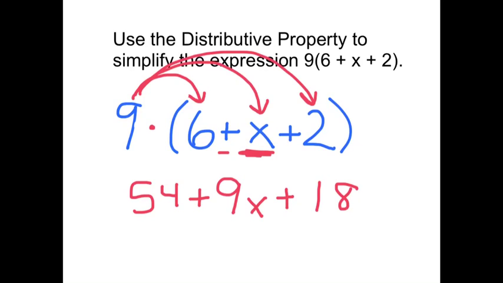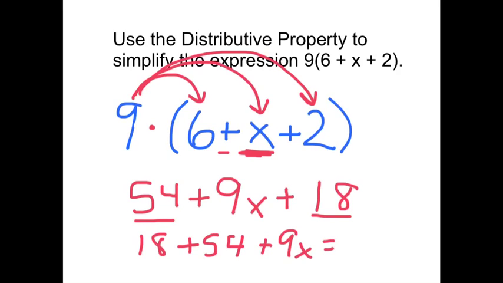I should put the 54 and the 18 together because the commutative property says that adding can happen in any order. So I got 18 plus 54 plus 9x, and that can be 72 plus 9x.